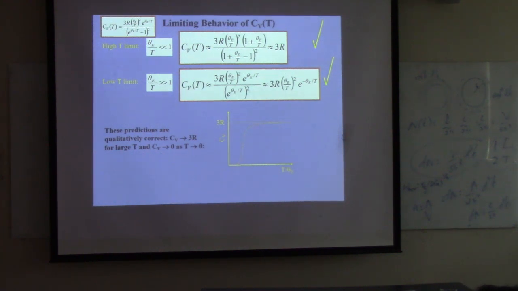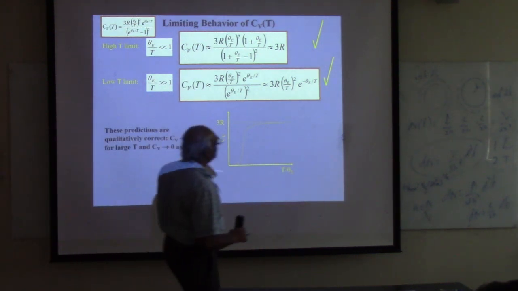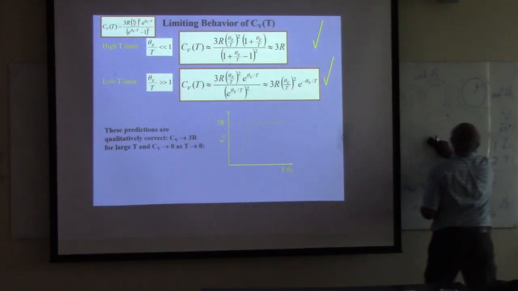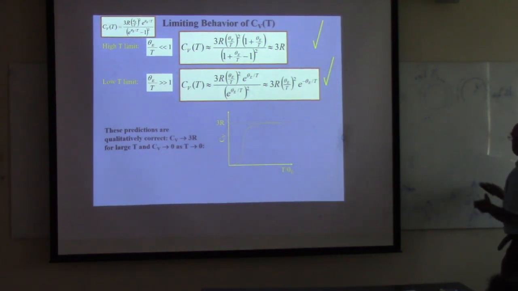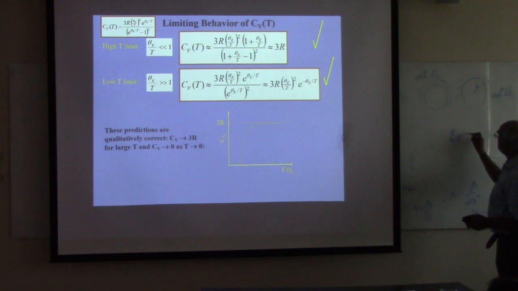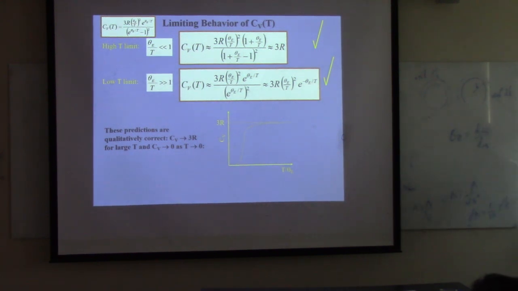Then we have d omega. Now if you substitute this, you will see theta_E, and this is an important thing to remember, is actually a temperature: theta_E is h cross omega over k_B.